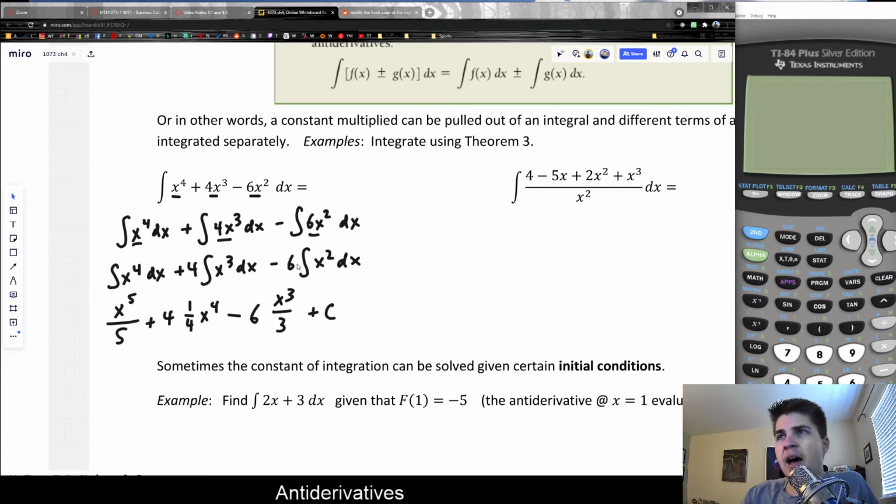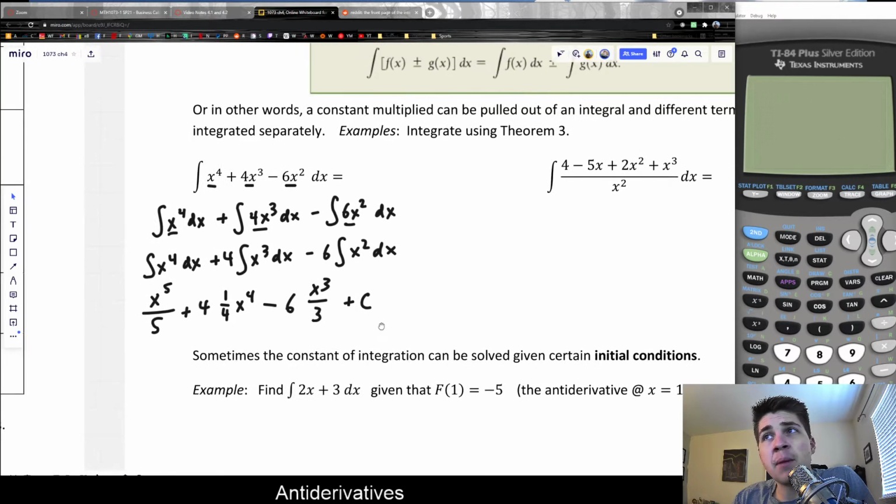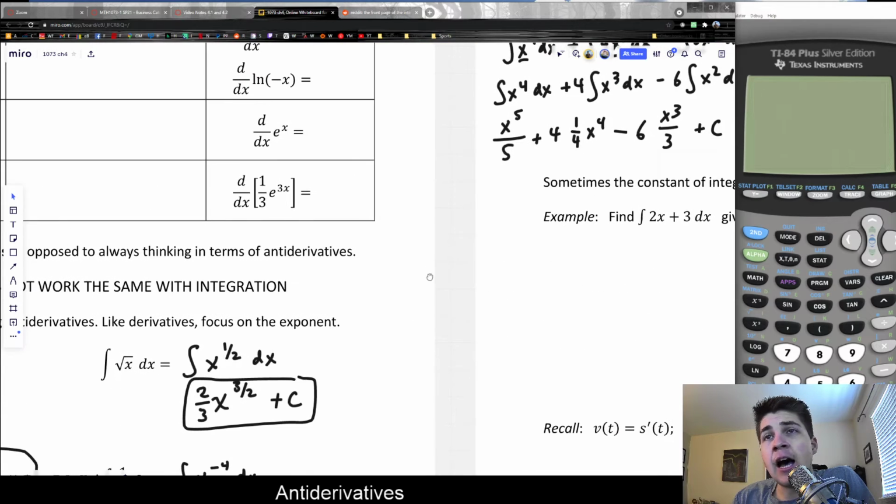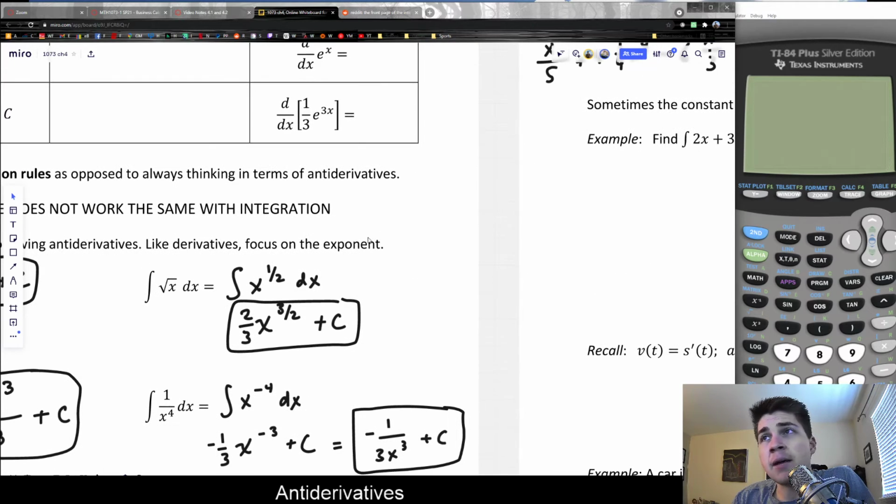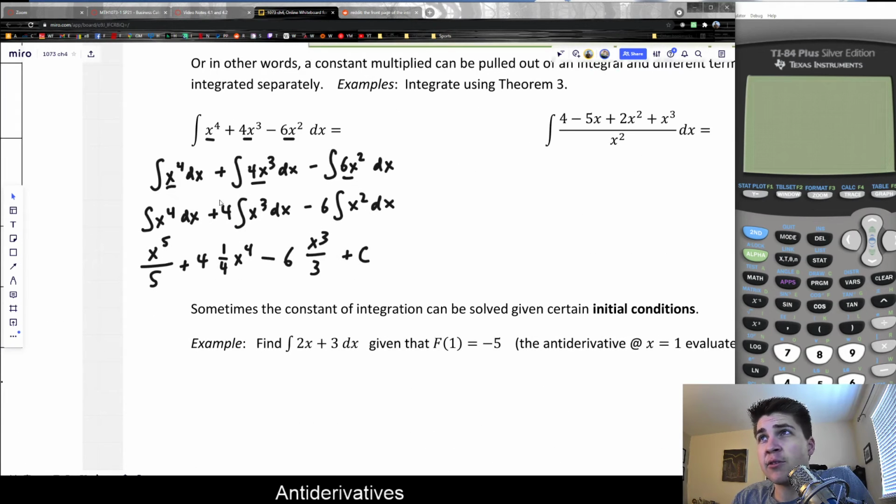Also, when you're splitting your integral up, you might be wondering, what about plus c? Remember I said this in class on Monday, but c is an arbitrary constant. It does not matter what it is. And if, say, you had 3 different integrals, technically you could think every single one of those needs a plus c on them. But all of those c's represent an arbitrary constant.